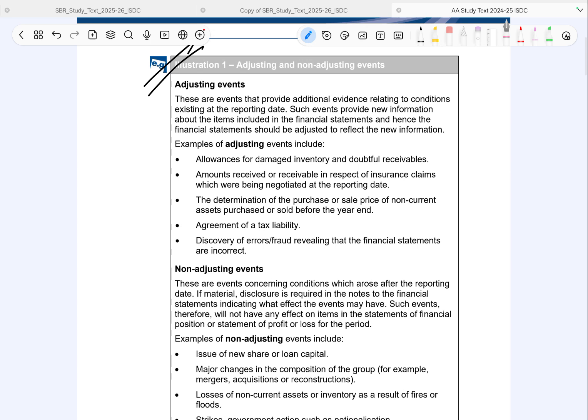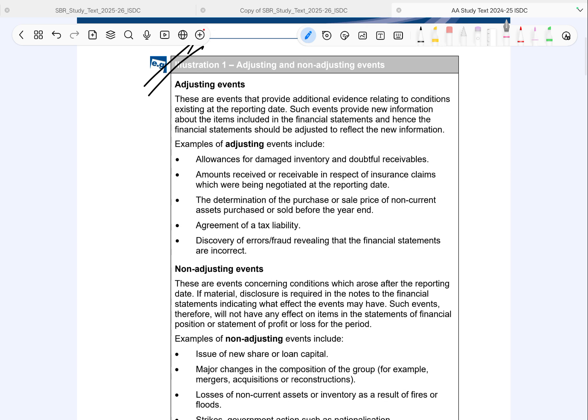First up, existing events. Think of these as: this problem already existed at year end, and we just got more information later. So basically, these events give us extra evidence about conditions that were already there at the reporting date. And because of that, we need to adjust the financial statements. Some quick examples to lock this in: damaged inventory or doubtful receivables.